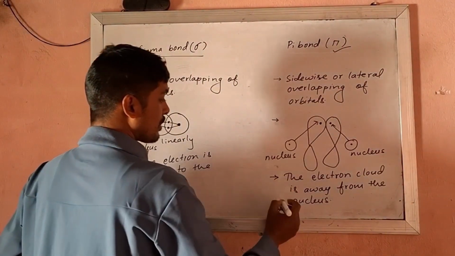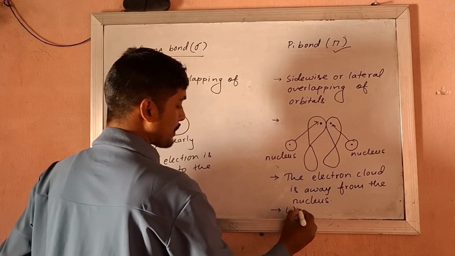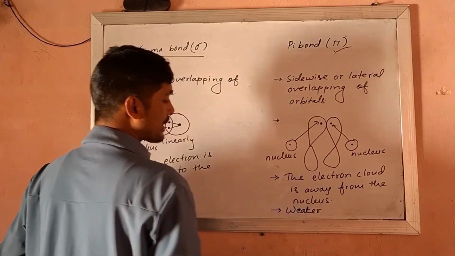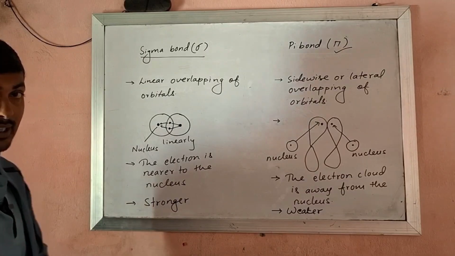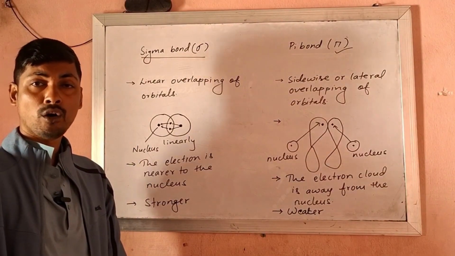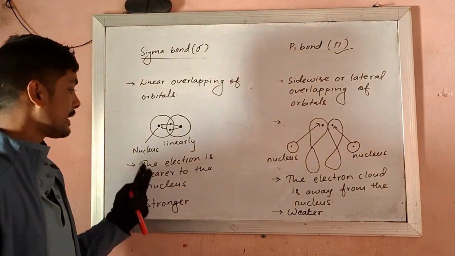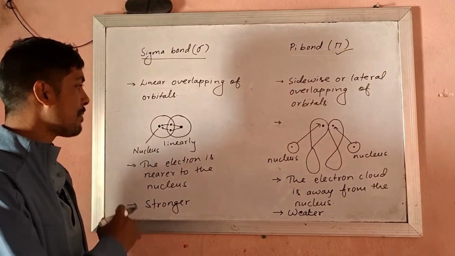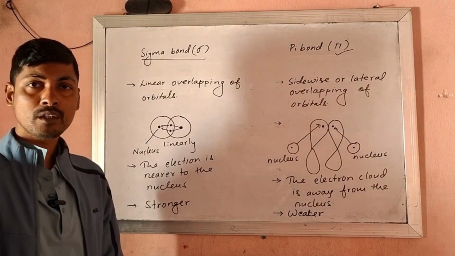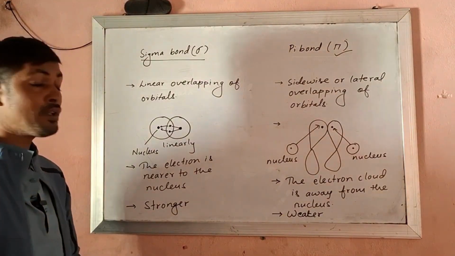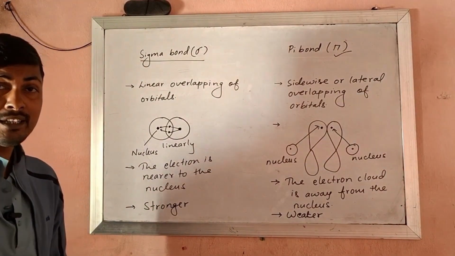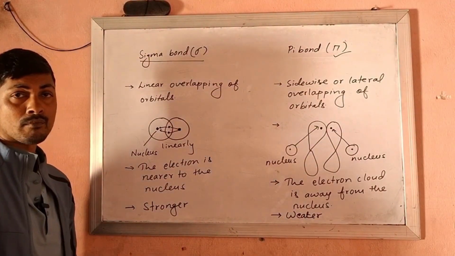That is why the pi bond is weaker. So in any hydrocarbon or organic compound, if there are sigma bonds as well as pi bonds, then the pi bond breaks easily, whereas the sigma bond requires more energy to break.